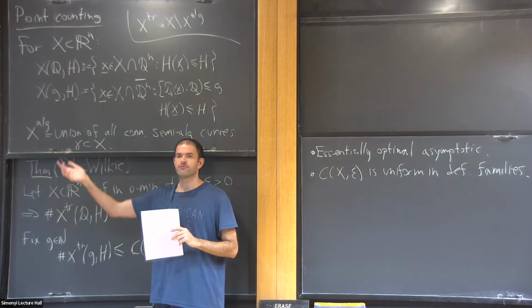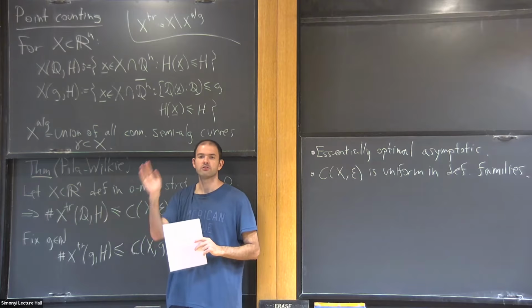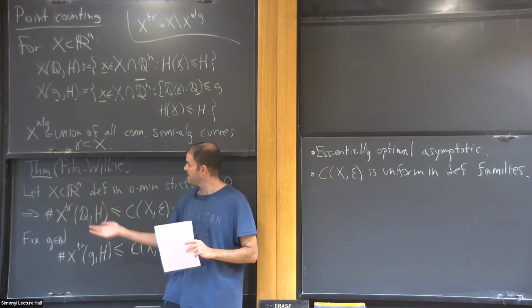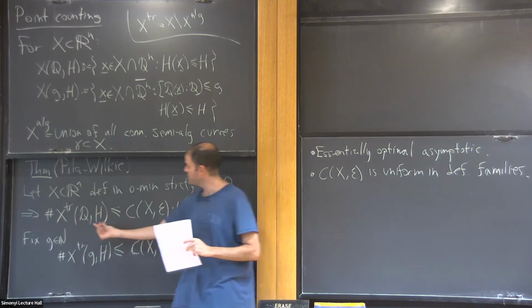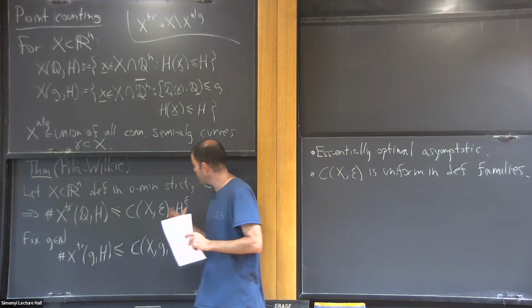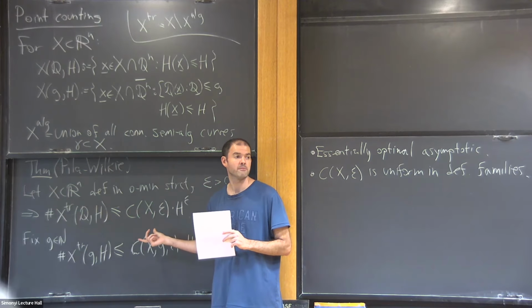I think of the first few coordinates as parameters, and then I can restrict to the fiber for every fixed parameter. So I'll have a family of sets, and I'm claiming that the same thing will hold with a uniform constant. For every fiber in my family, I'll have a bound like this, and this constant will depend only on the family and not on the particular fiber that you choose.